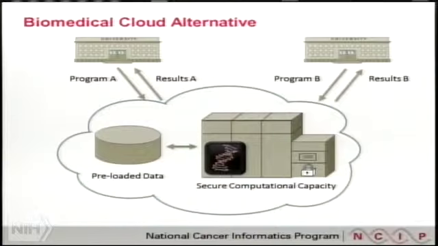And the biomedical cloud that we are proposing here is fundamentally a computing environment, and I'm calling it a cloud for convenience, even though that's an incredibly overused word, that provides co-located, whether it's physically or logically, computing and storage, and that it's preloaded with public NCI data, so that investigators would bring local data and analysis tools to the cloud, do their computation there, and get the results back, instead of trying to take the large public data sets to their local institutions, and do the computations there.